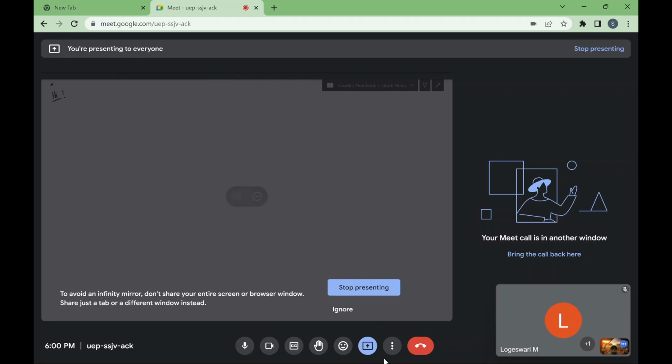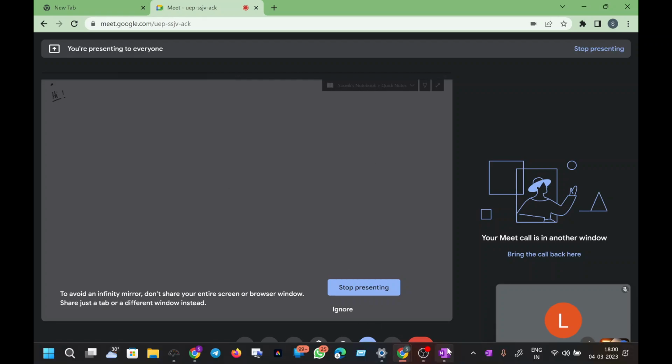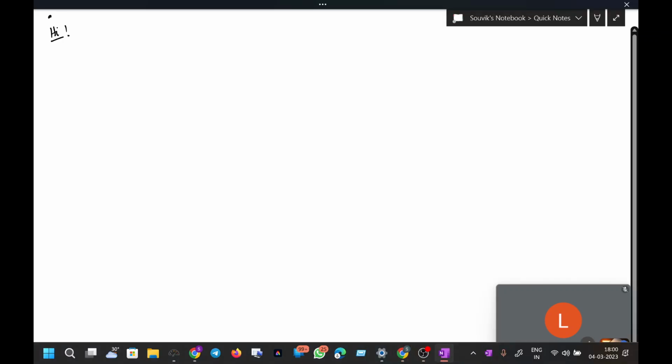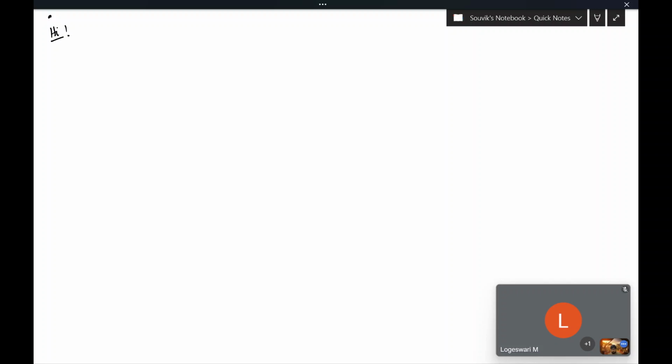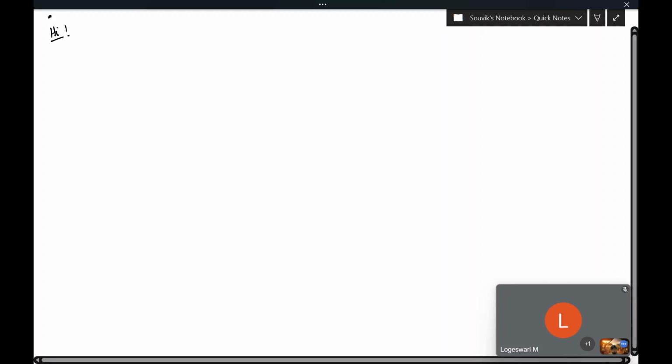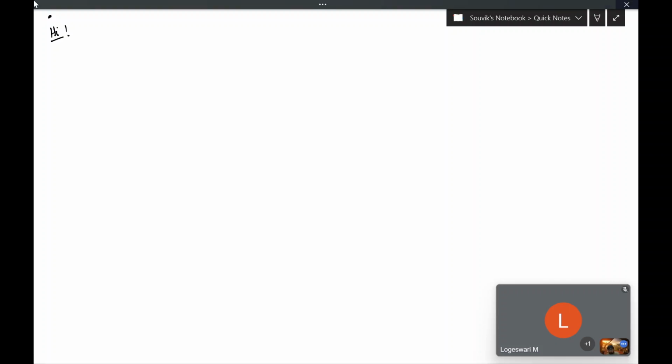So, let me open the panel. Can you see the screen? Logosri, can you see the screen? Hope you can see the screen.